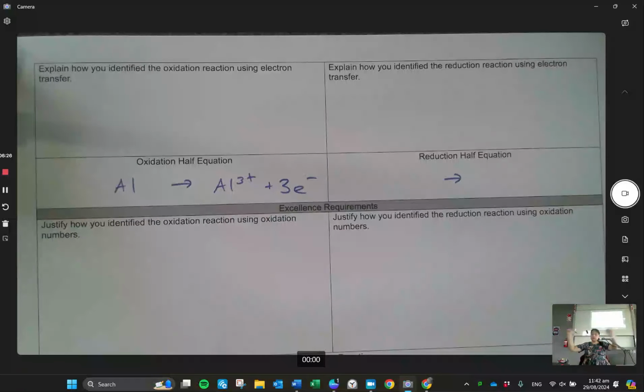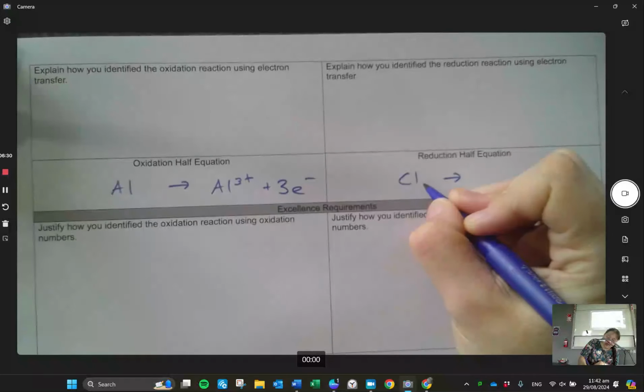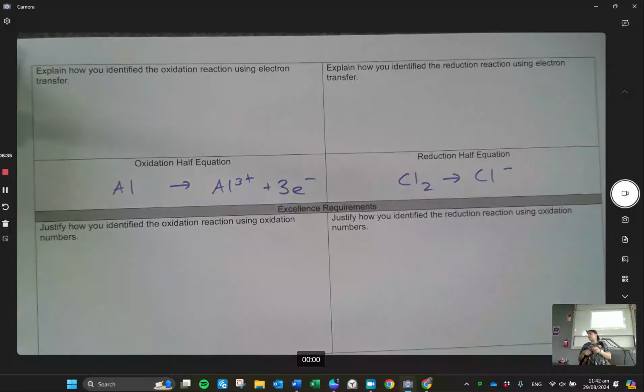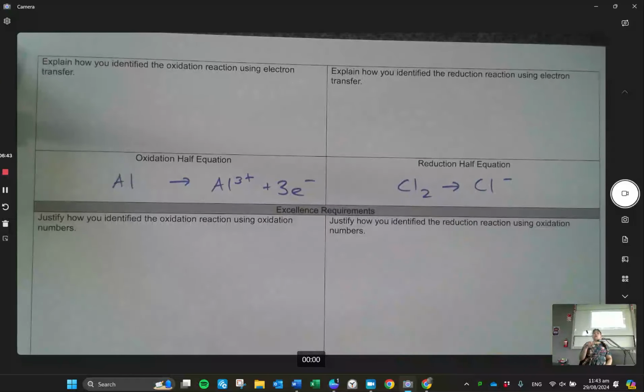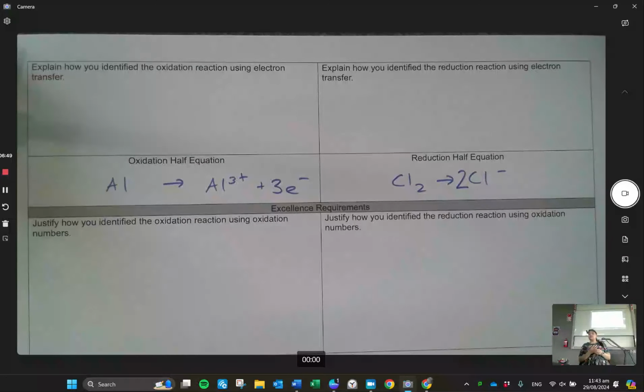Next one, I have chlorine going to chloride. First thing I need to do is balance it before I even add electrons, because you see how this is a 2 and that's a 1. The only way we can change these numbers is by adding coefficients in front, so I'm adding a 2 in front.